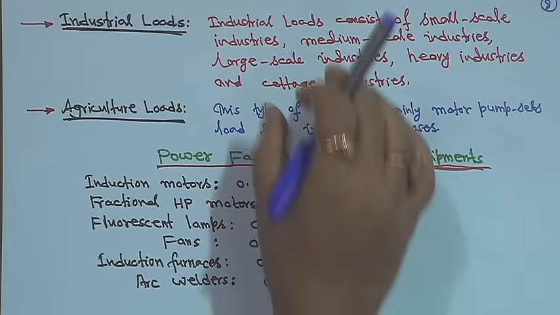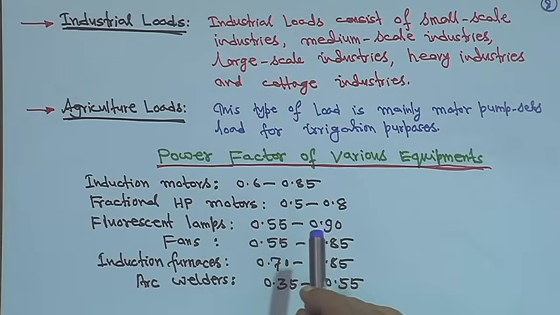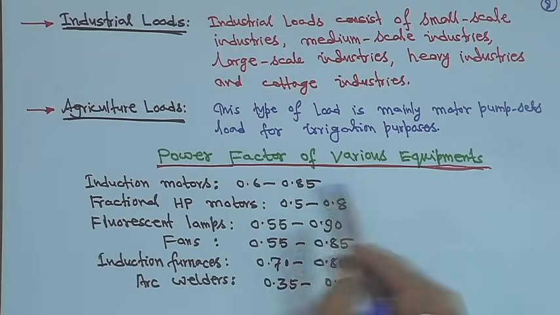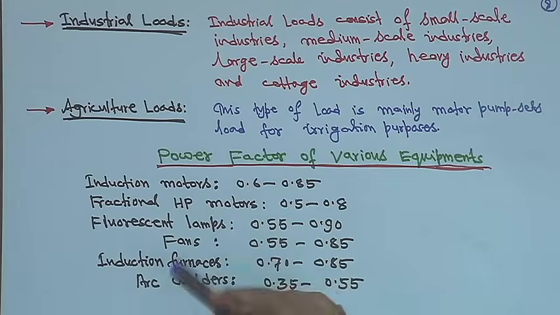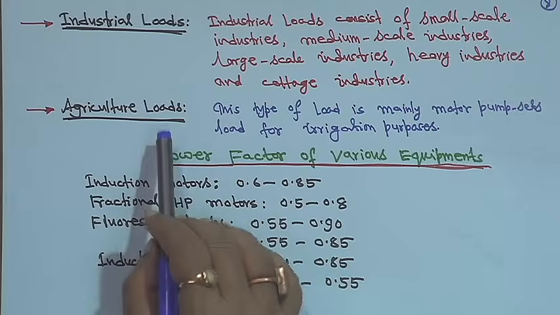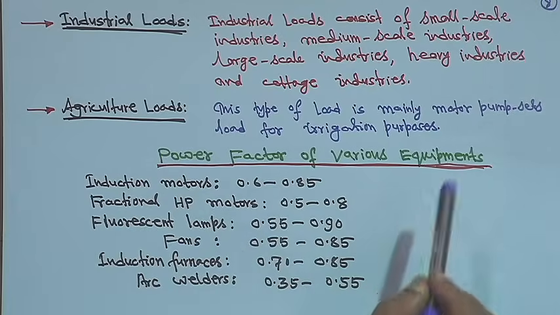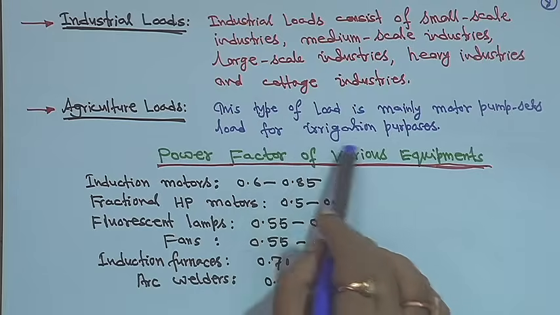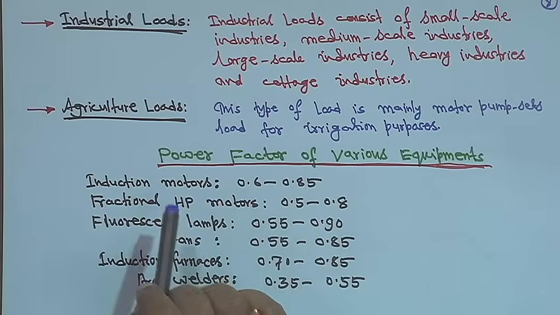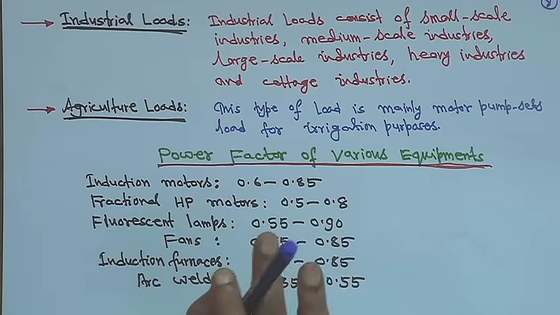Their load curve will be different from commercial and domestic. Agricultural load is mainly motor pump sets for irrigation purposes. So there are four different types of loads.